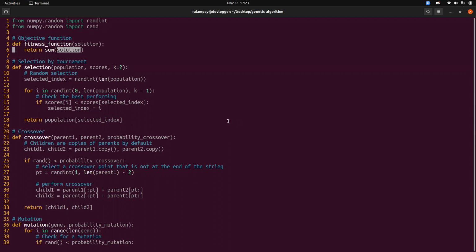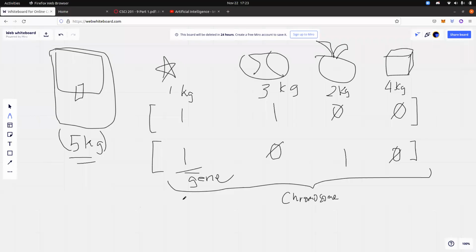But what is missing here? It's not simply the sum, but what else? If we're talking about the knapsack problem, we could have a random solution, 1, 1, 1, 1. If we do this, remember the fitness function returns a score. So if we add everything together, the answer is 4.